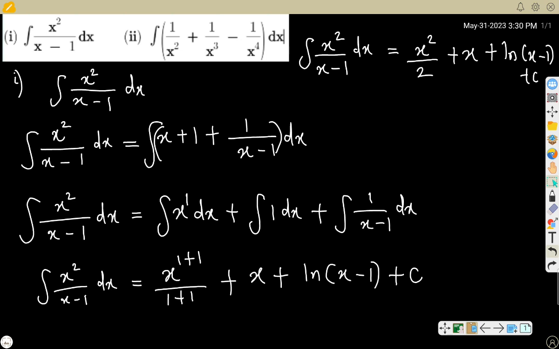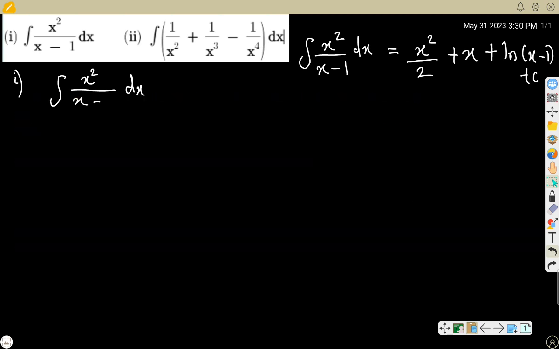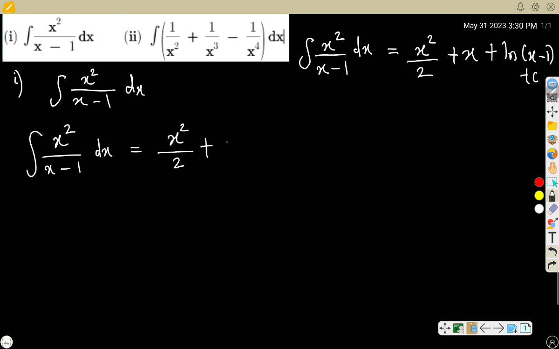That means you have to jot all this down, there's no space there. Finally, it means the integral of s squared divided by s minus 1 ds is equal to s squared over 2 plus x plus ln of s minus 1 plus c.